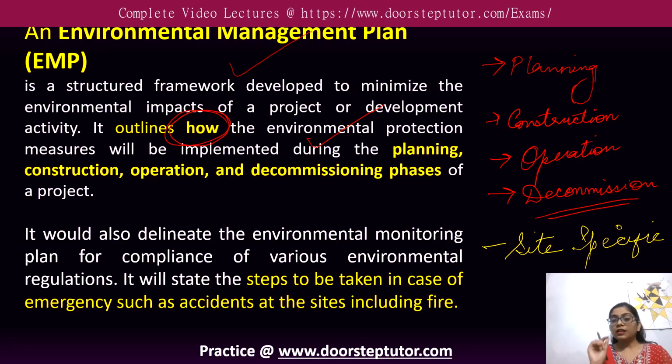That means the EMP for coal mining area and the EMP for brick lands, EMP for dams, would be totally different, because the people, experts, resources, money required, environmental consequences, and even the topography and the geography of the area where you will be planning these projects will differ considerably. And based on this, you will formulate a site specific EMP for the project, right?